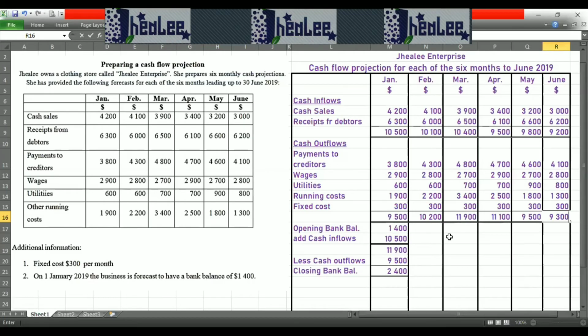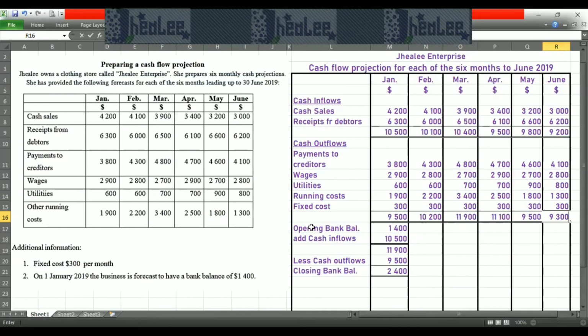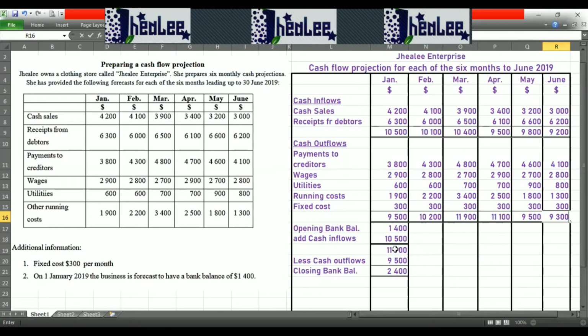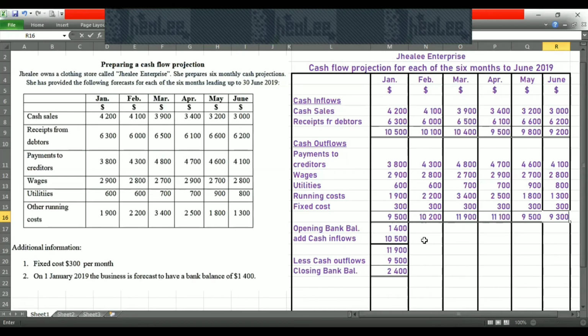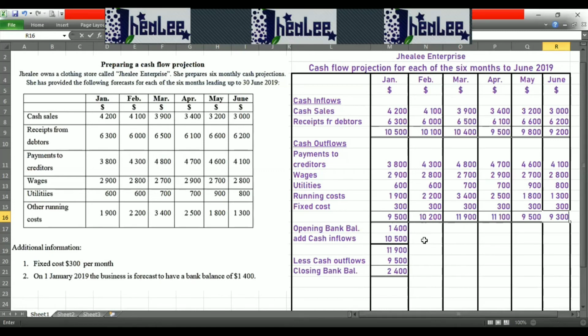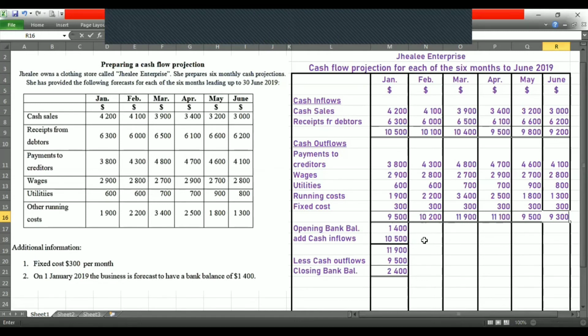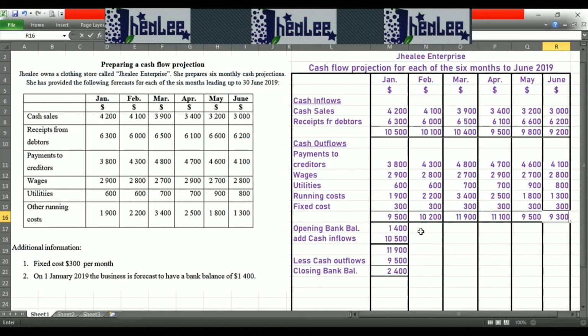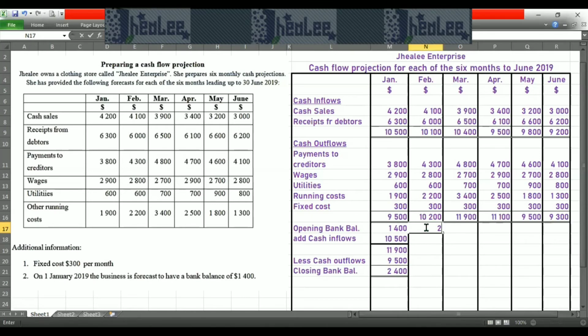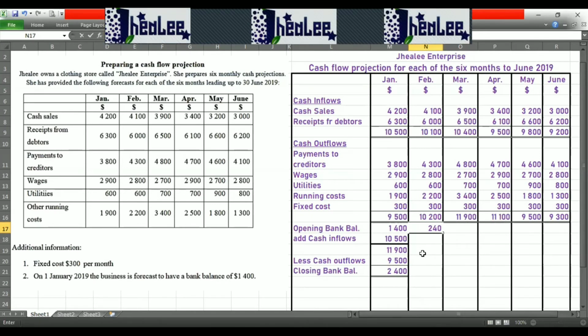So our final step now is to do the last section, which is the balancing section. You're basically checking what you have in terms of total inflows, and you're subtracting your outflows to get your closing balance. So remember, your closing balance from the previous month will become your opening balance for the next month. So here we are. The closing balance from January is 2,400, so that becomes the opening balance for February, which is 2,400.